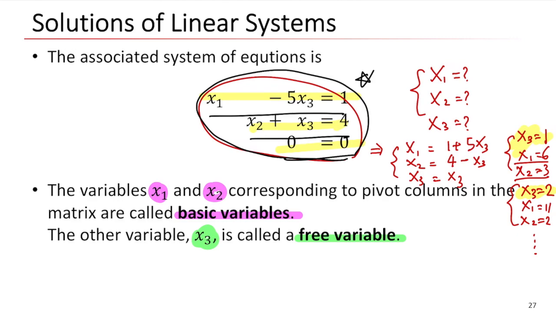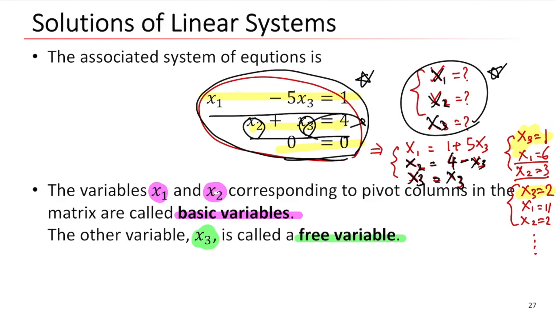Okay, we can rewrite the x3. We want to find x1, x2, x3, right? To get this solution, we can rewrite x3 is equal to x3, x2 can be represented by a parameter x3 like 4 minus x3, right? And x1 is equal to 1 plus 5 times x3, right?